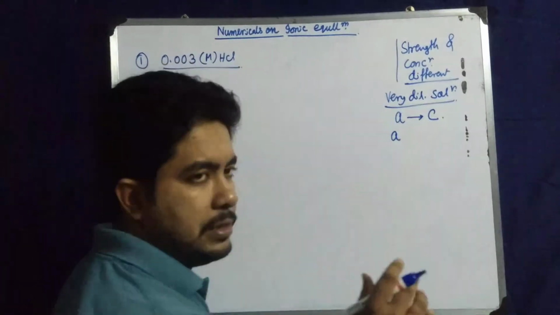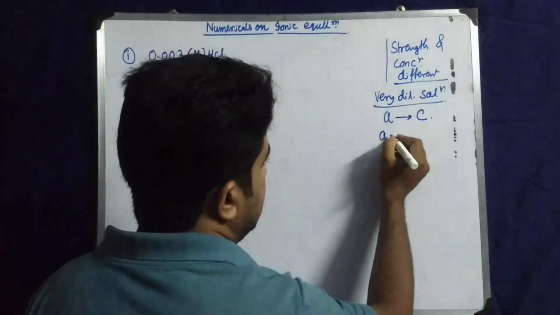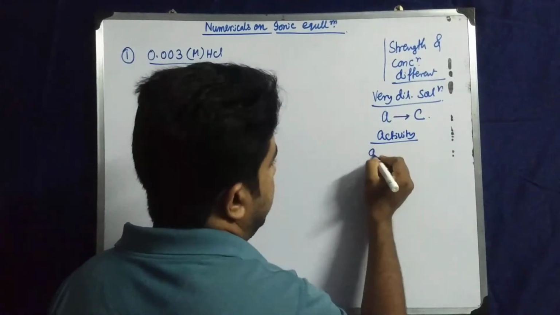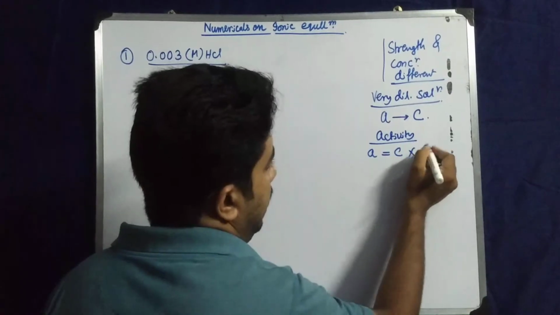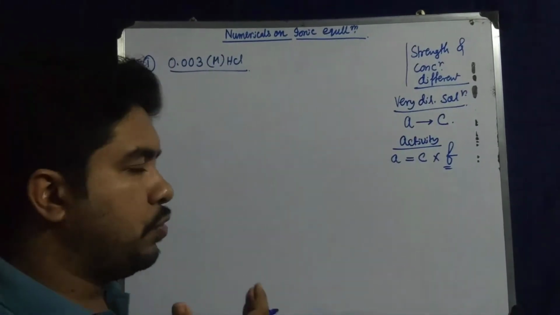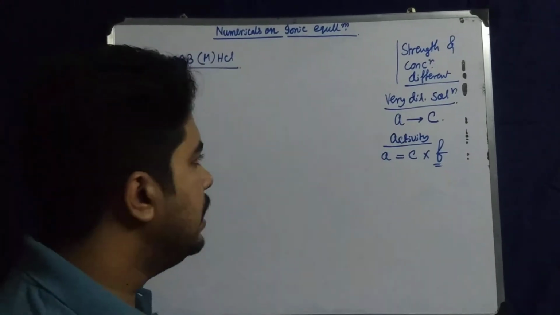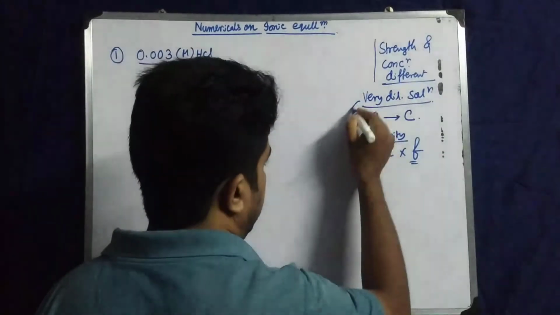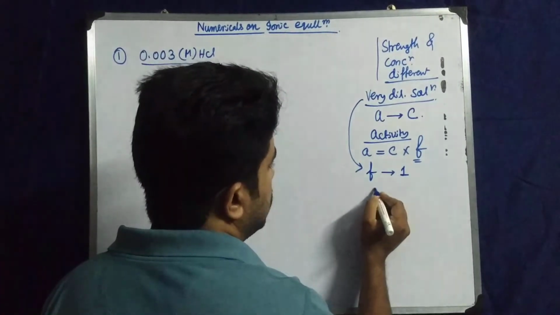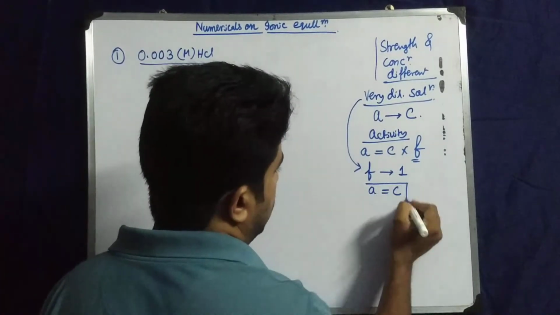Actually the strength is generally written as activity, and this activity is written as C into F. F is the fugacity constant, or activity coefficient. For a dilute solution, F tends to 1, so you can consider activity equal to concentration.